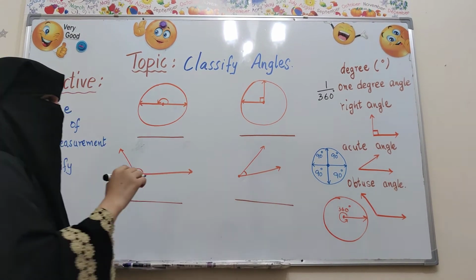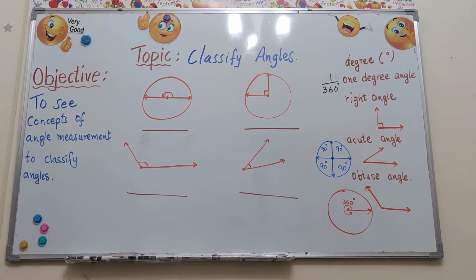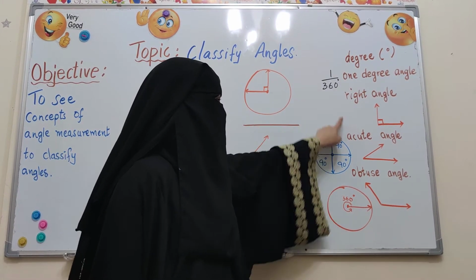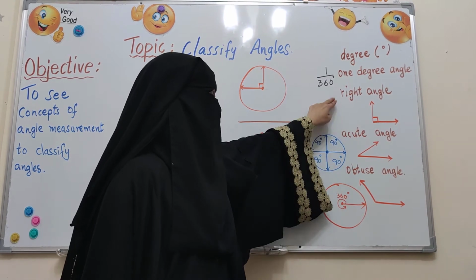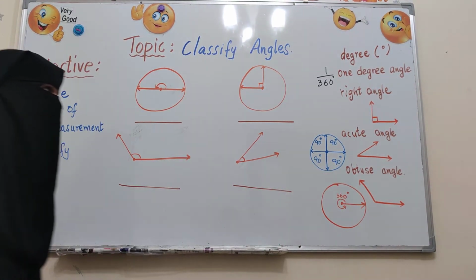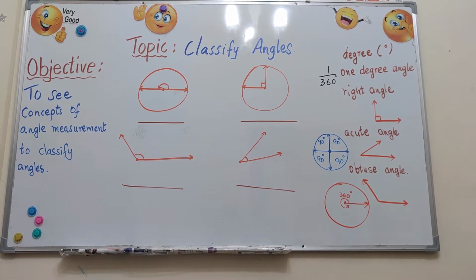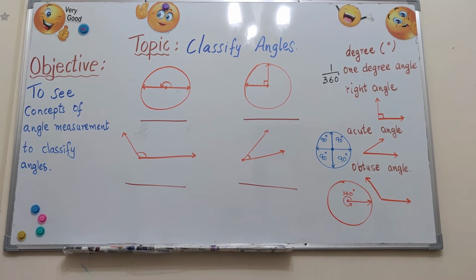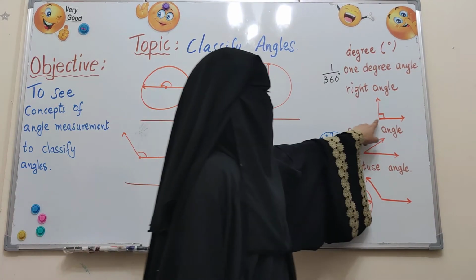Now when I say we are going to classify the angles, they can be classified as right angle, acute angle and obtuse angle. These 3 angles you are learning today. So first, when I say right angle, that means it is a measure of 90 degrees.